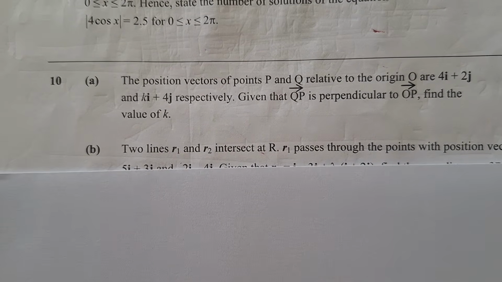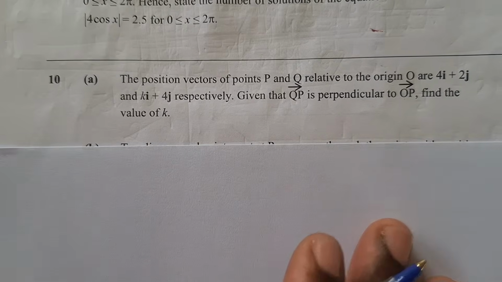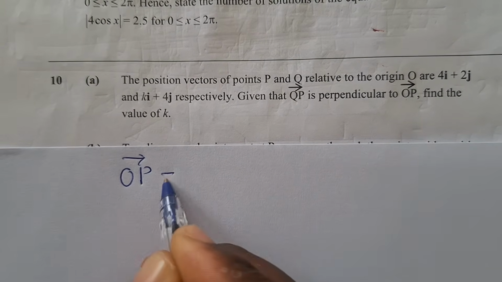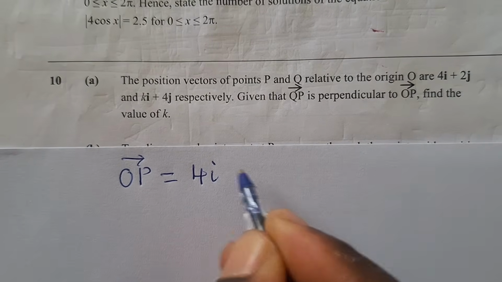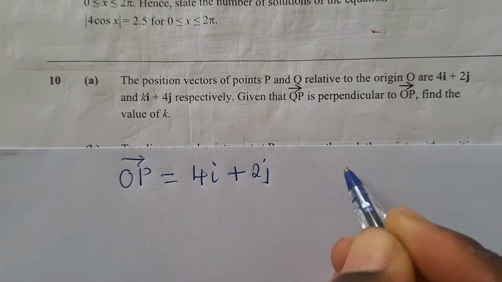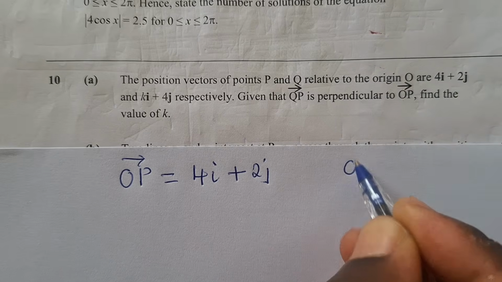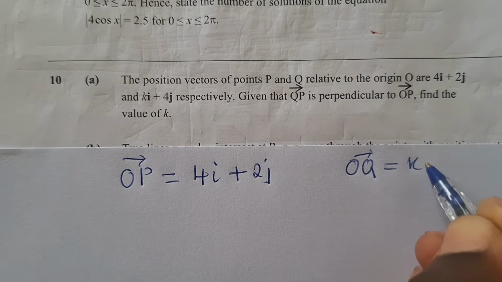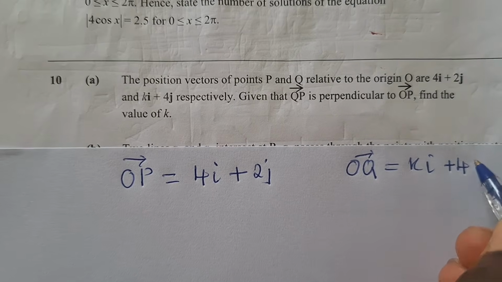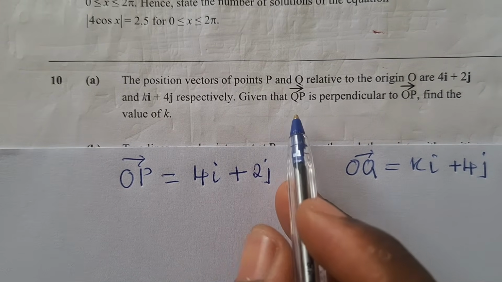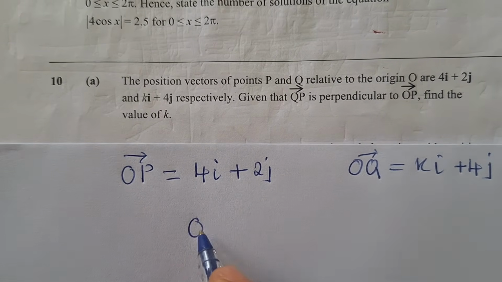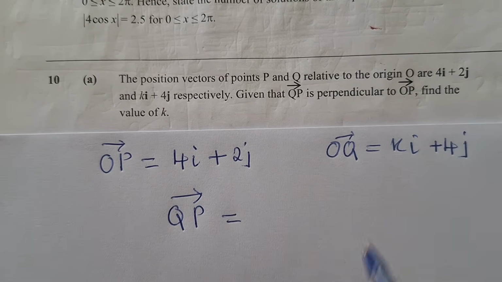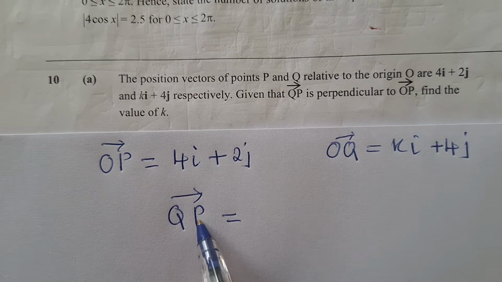So what we're going to do here is to state: we've got vector OP from the origin, that's 4i plus 2j, while vector OQ is ki plus 4j. So our job is to find vector QP.